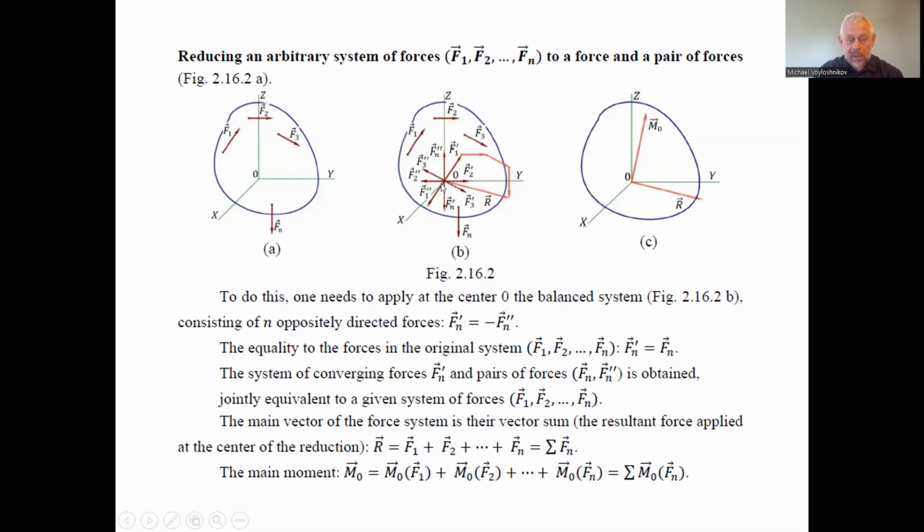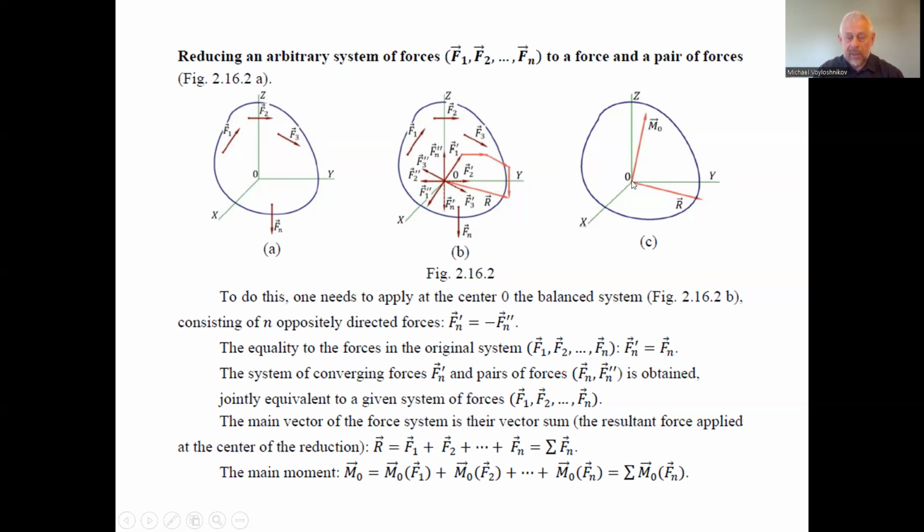They balance each other, and that's why the second one determines, with the specified force, the rotating moment. And we have the main moment. The main moment is a vector total of the moments around the point of the reduction.